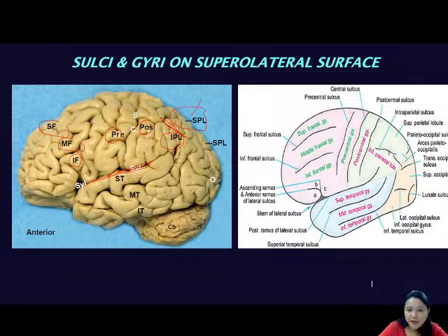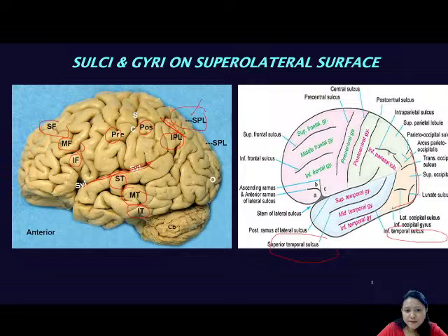Below that you have a superior temporal sulcus and an inferior temporal sulcus, dividing this entire temporal lobe into the superior temporal gyrus, the middle temporal gyrus and the inferior temporal gyrus. And this is the occipital lobe.